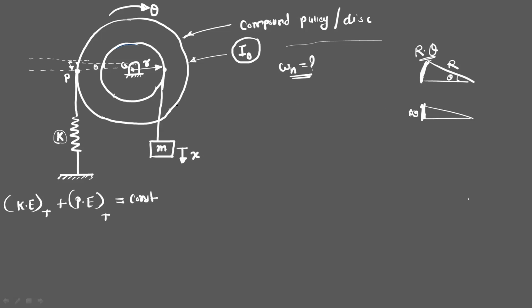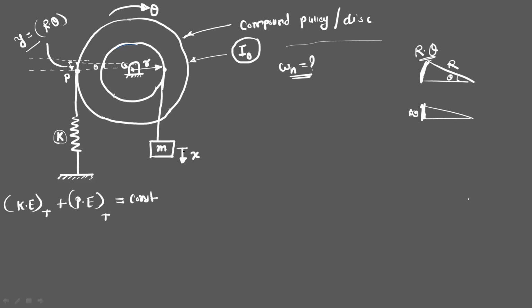Similarly, for very small angle theta, the deformation of spring K we can find as R into theta. Let us take this deformation as Y, just a parameter Y. So Y is equal to R theta, and Y is nothing but the spring deformation.